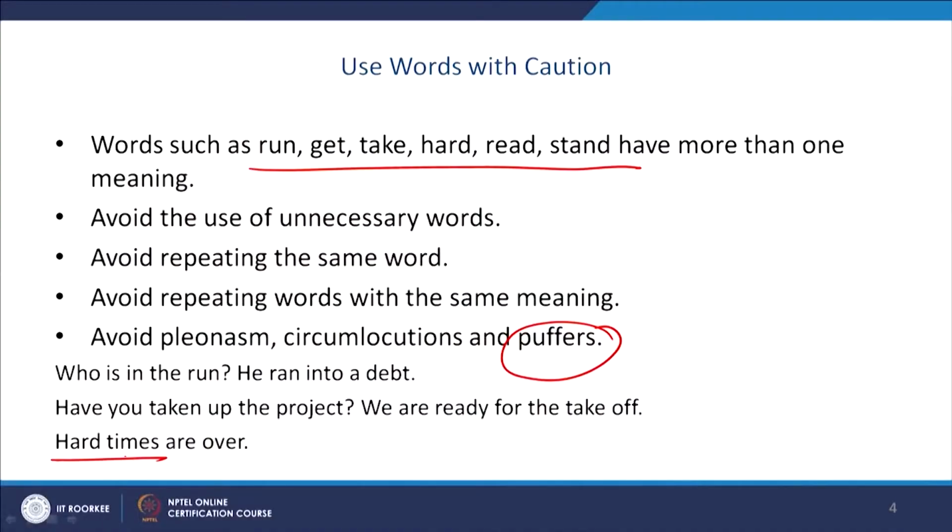Hard times are over. Now, hard times, what do you mean by hard times? People actually make meanings based on their associations or their own experiences, but then they never think about it. I said earlier also that while writing, people write what they actually know, and they write with a view that their readers know everything.